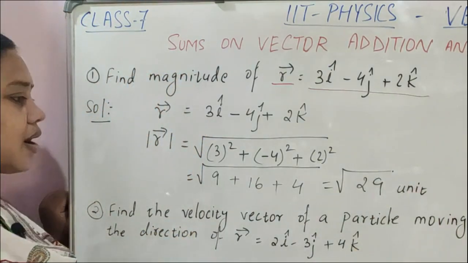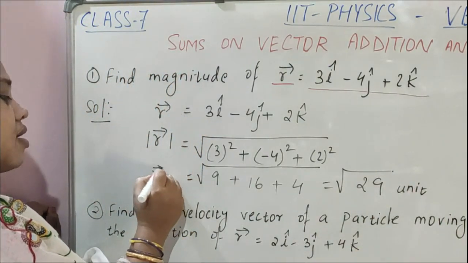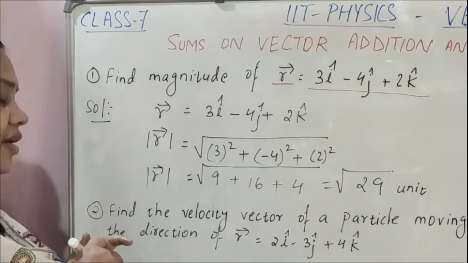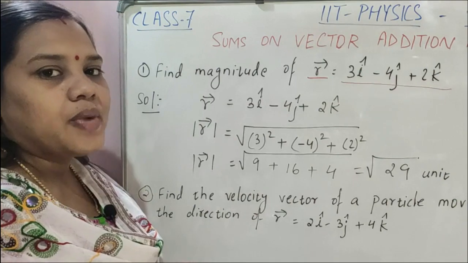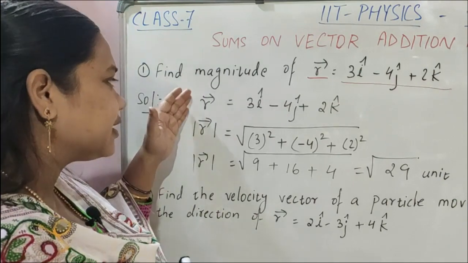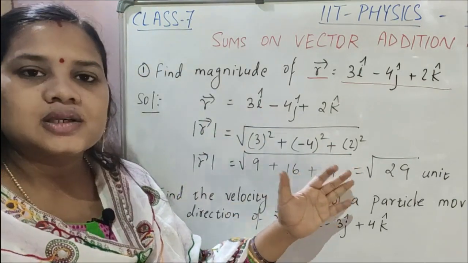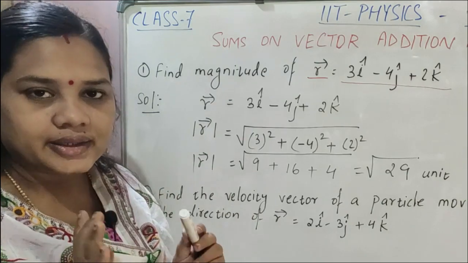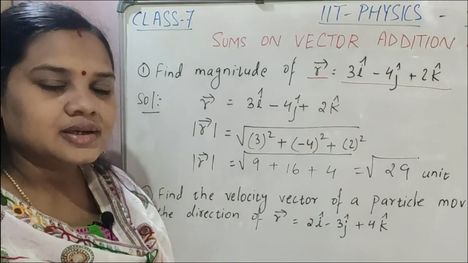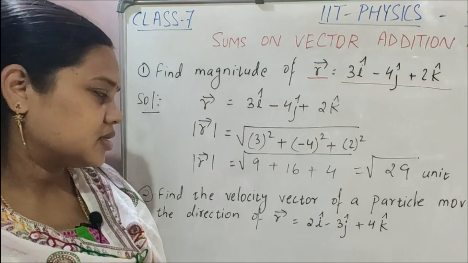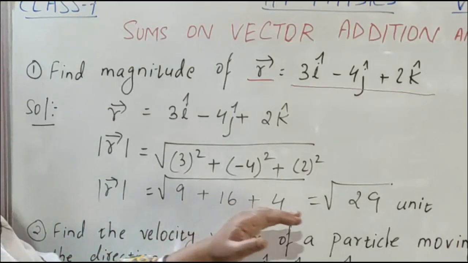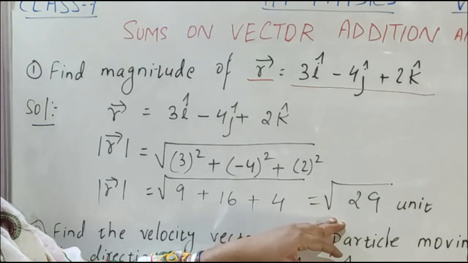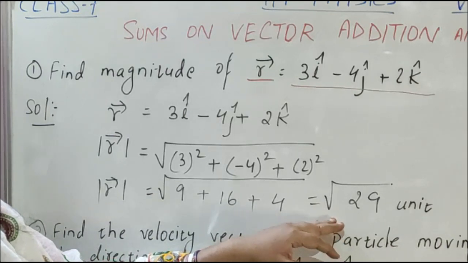That is the magnitude of r vector or mode of r vector. We know the magnitude of a vector is always positive. So here we got the magnitude of r vector as square root of 29 unit.